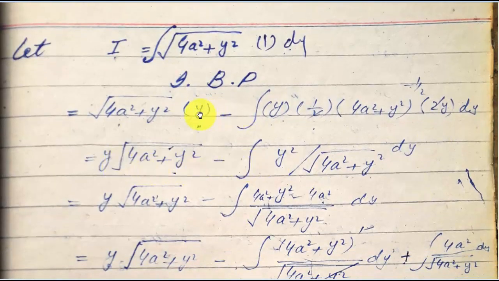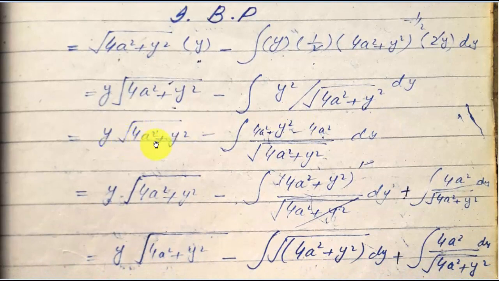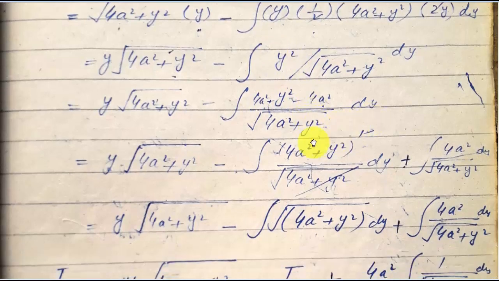Now arrange this value: y into the square root of 4a square plus y square, minus the integral of y square over the square root of 4a square plus y square. Why? Because with the power minus 1 over 2, when it goes into the denominator, it becomes a positive 1 over 2 root. Then we can write y into the square root of 4a square plus y square minus the integral of (y square, adding 4a square and subtracting 4a square) dy.